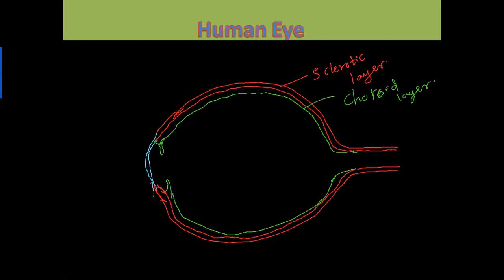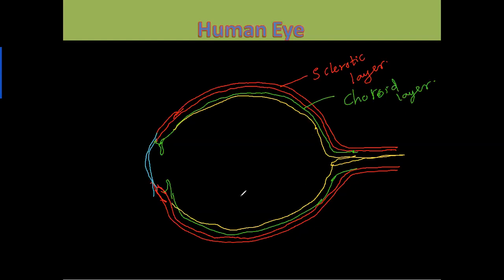Choroid layer. Then after that, you can see inside this one a yellow color layer like this. It is stopping here.